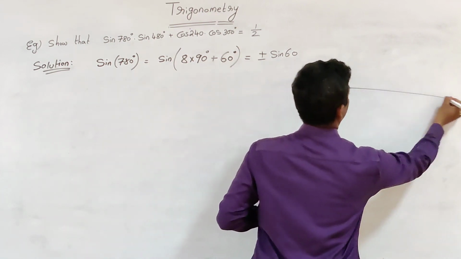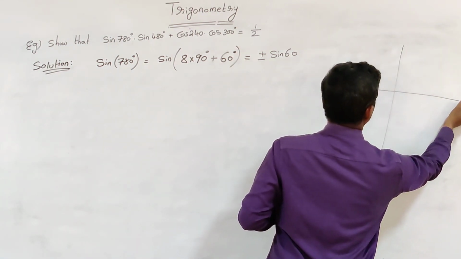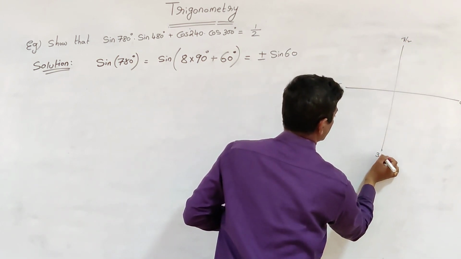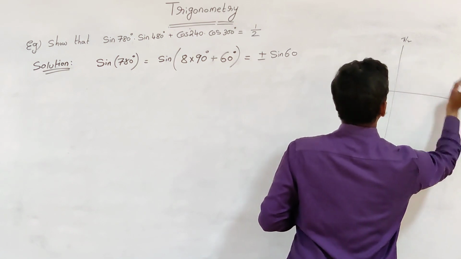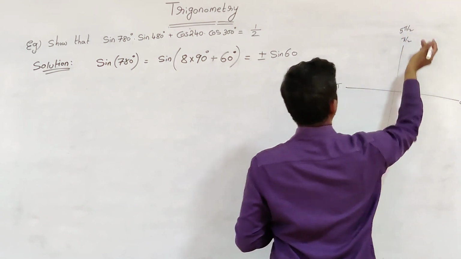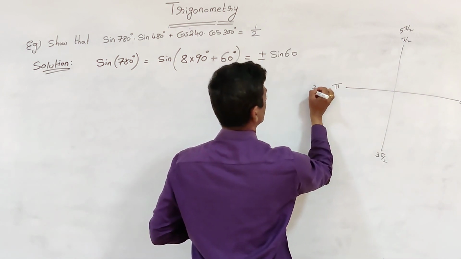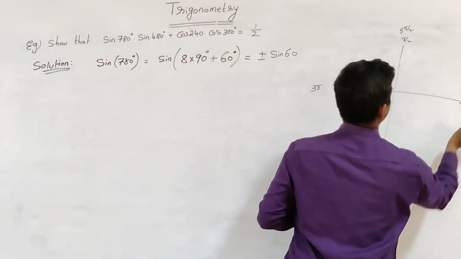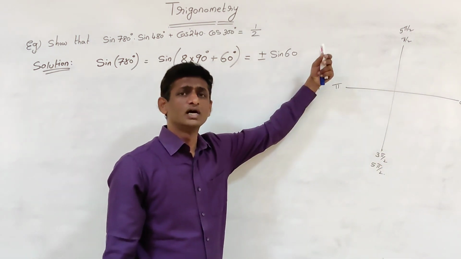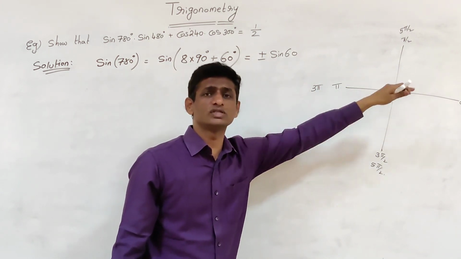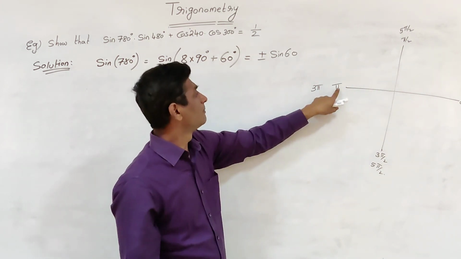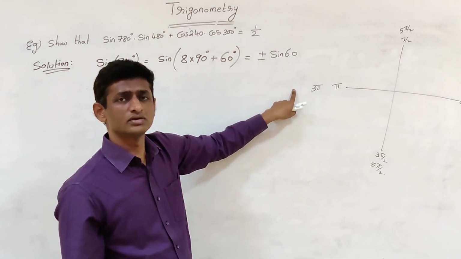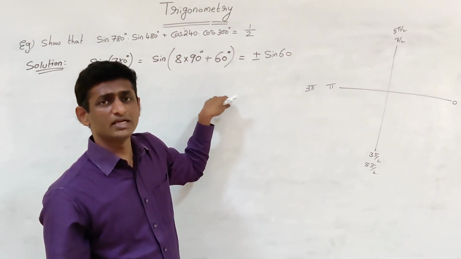In the xy plane, 0, pi by 2, pi, 3 pi by 2, 2 pi, and for the second round 5 pi by 2, 3 pi. So 0, 2 pi, 4 pi, 6 pi, 8 pi lie on the positive x-axis, and pi, 3 pi, 5 pi, 7 pi lie on the negative x-axis.